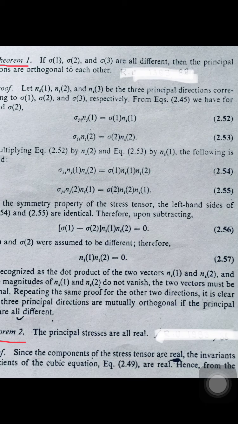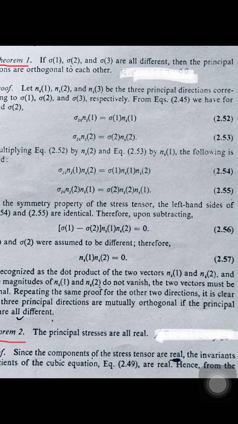Similarly, we can prove the same result for 2 and 3 and for 3 and 1, and together we can say that if sigma 1, sigma 2, sigma 3 are different, then the principal directions are orthogonal to each other.